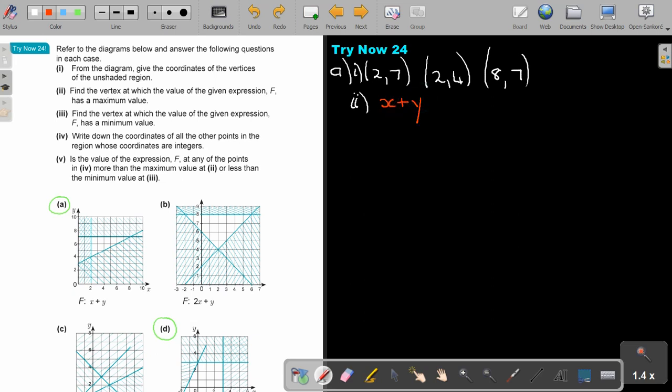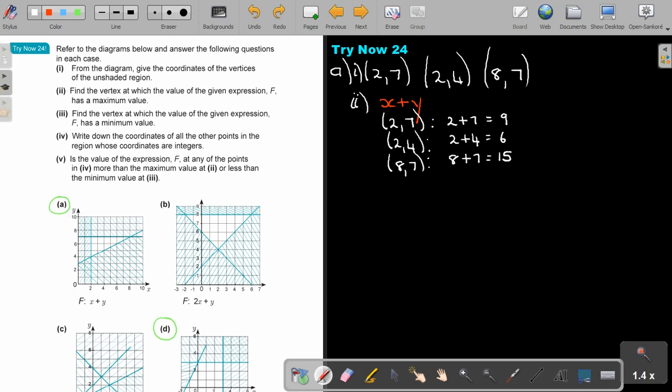So if I look at the first point, I can write it like this, 2 and 7. So 2 plus 7 will be 9. 2 and 4, so 2 plus 4 will be 6. And 8 and 7, and 8 plus 7 will be 15. Okay, and those are the values.